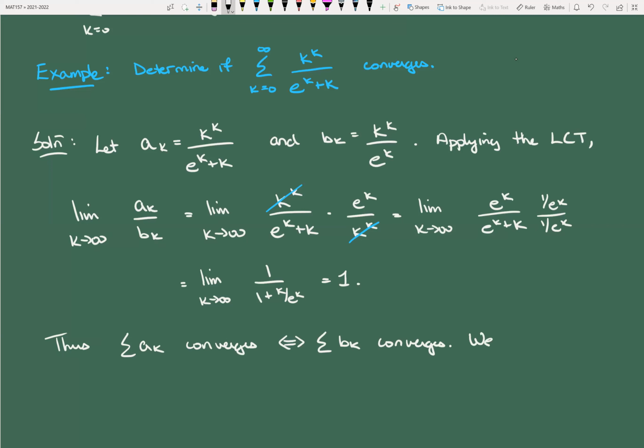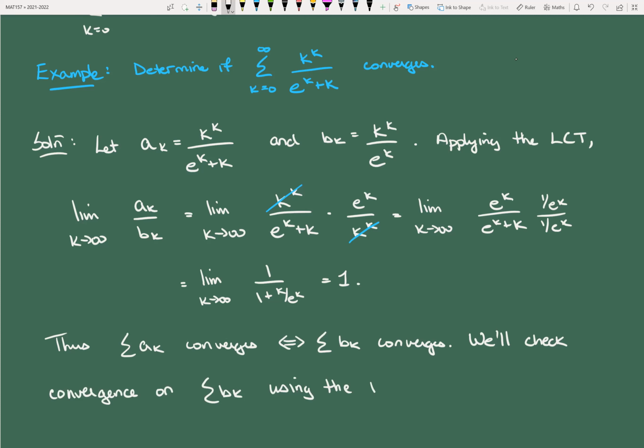So we'll show, or we'll check, convergence on b_k, because I think this one actually doesn't converge. Let's use the root test.